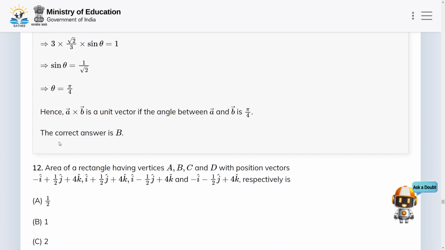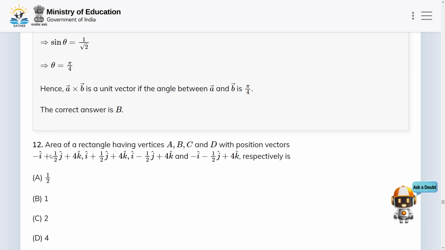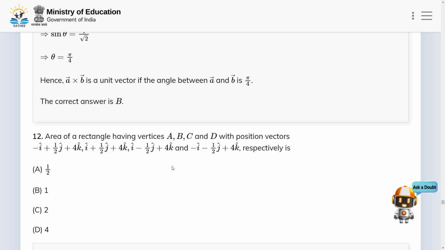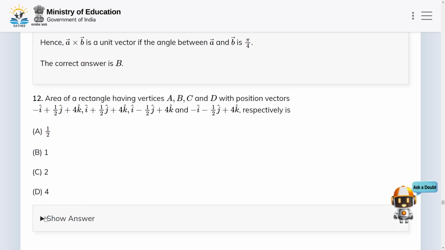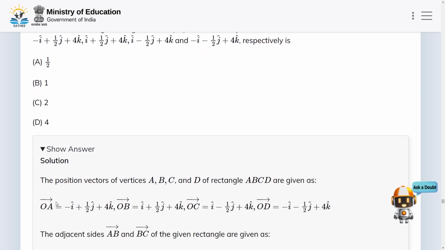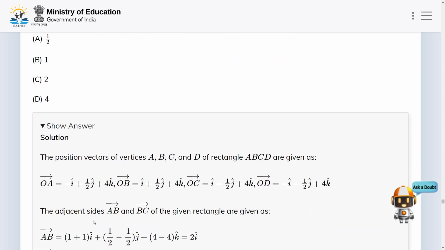Now the last problem of this exercise, 10.4. The area of a rectangle having vertices A, B, C, D with the given position vectors, respectively. You have to find the area. Very easy. First of all, you have to find the adjacent sides.